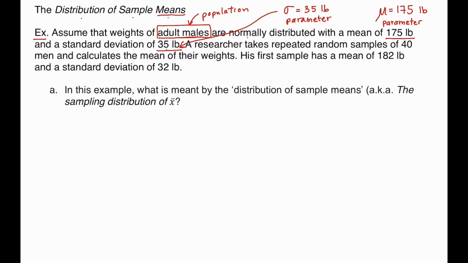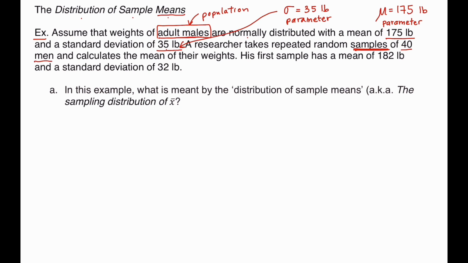And just to finish things off, the 40 men, each time the researcher selects 40 men, that is, of course, our sample. And 182, is that a statistic or a parameter?